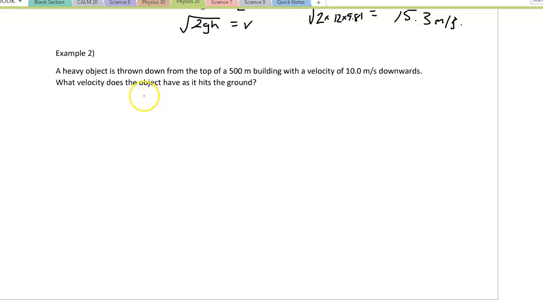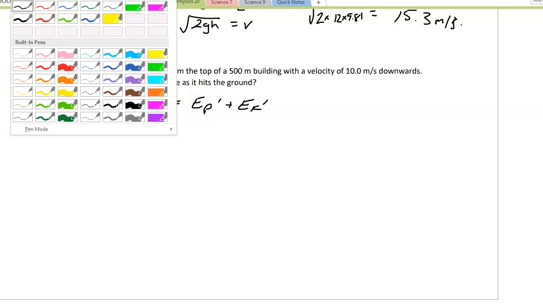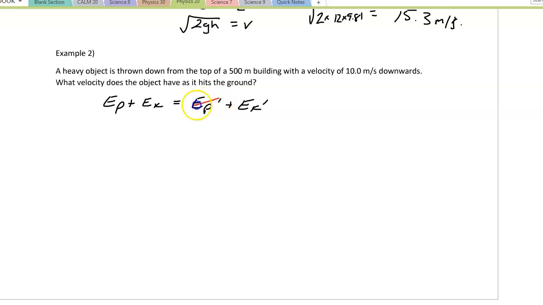So, similar sort of situation. If we've got a heavy object, but this time we're throwing it down. Okay. So we do have potential energy. We have kinetic energy at the beginning, but at the end, we have no potential energy as this object falls down.